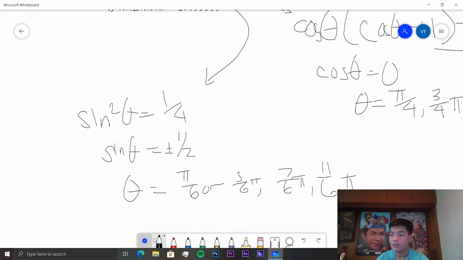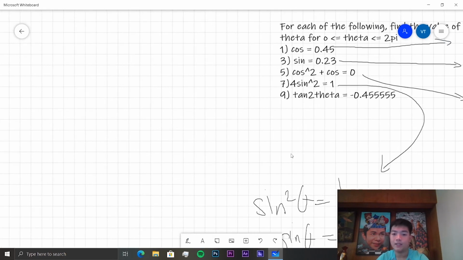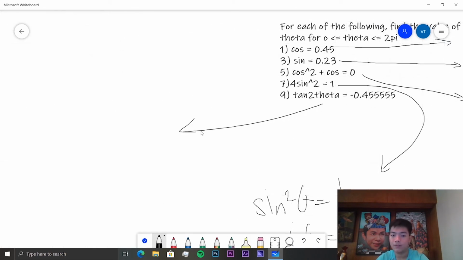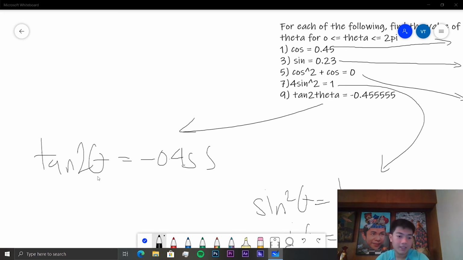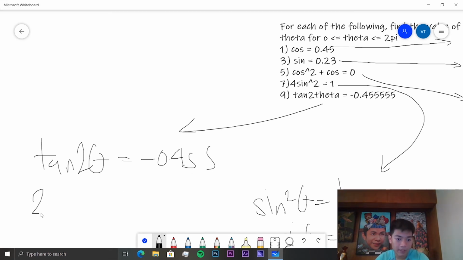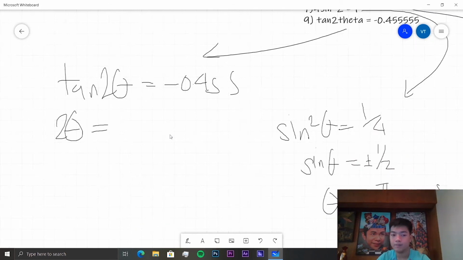So, finally, we have tan 2 theta is equal to negative 0.4555. So what we get is that 2 theta must be equal to, well, we have two cases here.